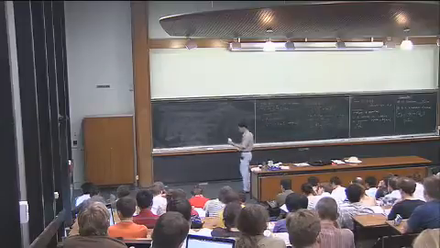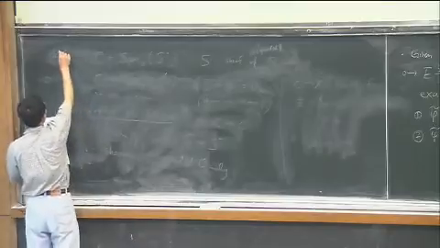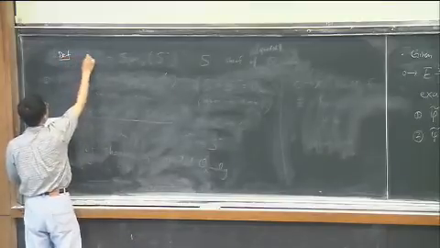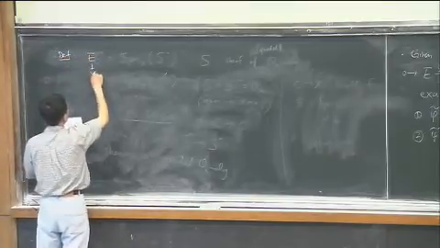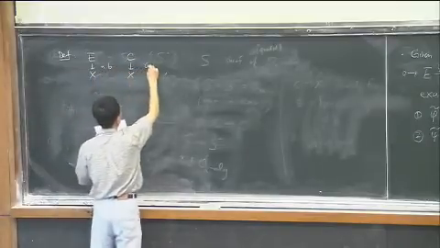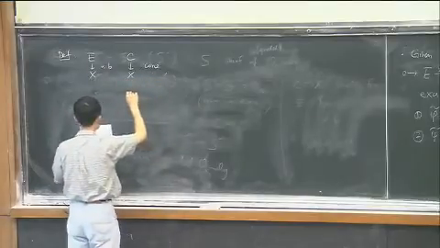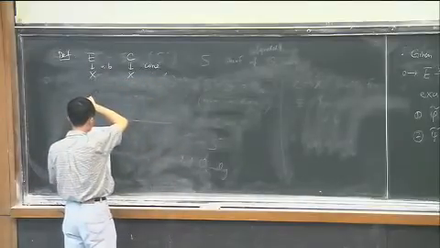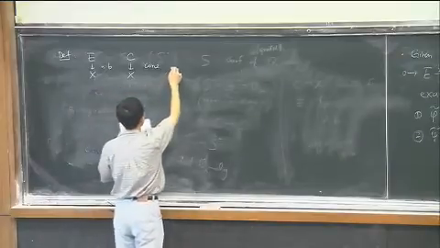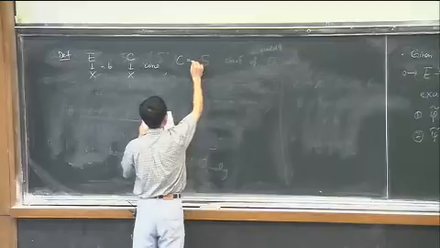So let me say this. If you have a definition: E over X, which is a vector bundle, and you have C over X, which is a cone. C is just a cone.